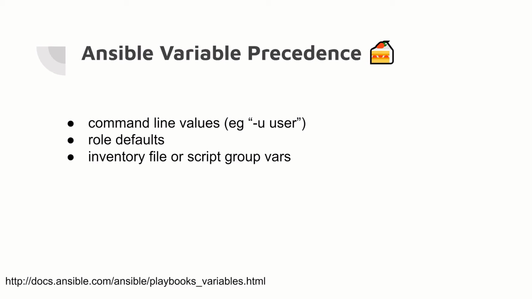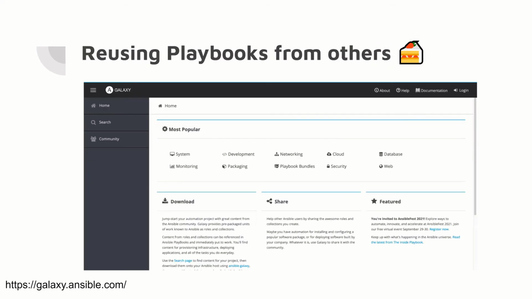So a lot of times this precedence is important because you're going to need to be able to identify where a variable is and how it may be modified during the process of your run. I typically keep variables scoped to an environment. So I'll have environments, and then I'll have a production, staging, maybe a test environment, and we scope everything down to where those variables can be completely different, and we can roll passwords whenever we want with minimal effort.